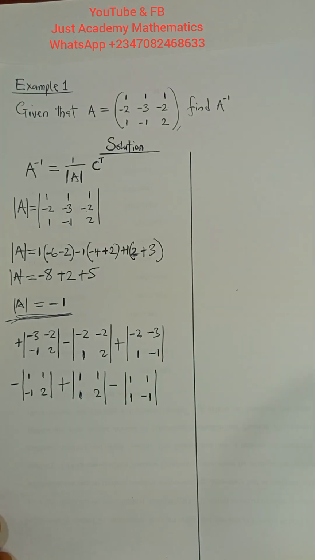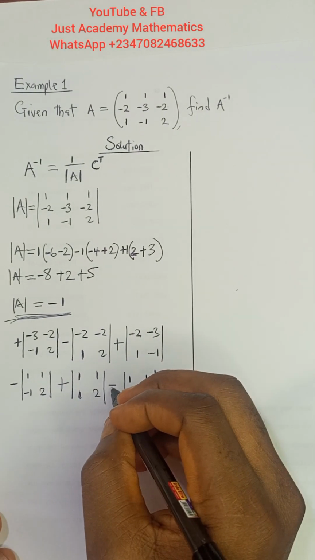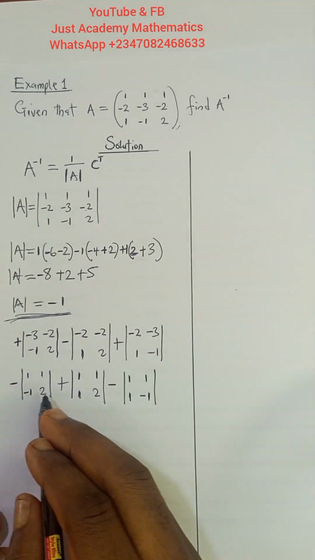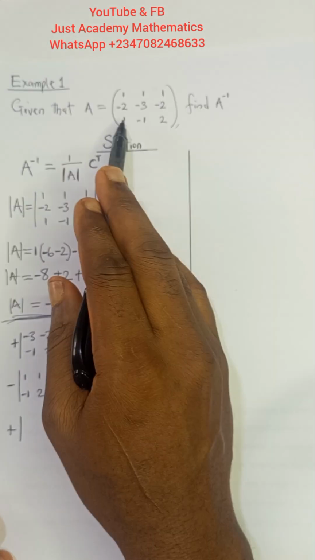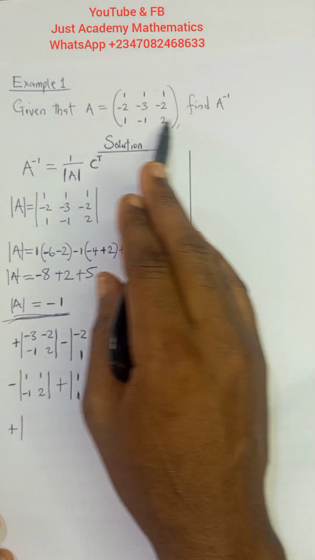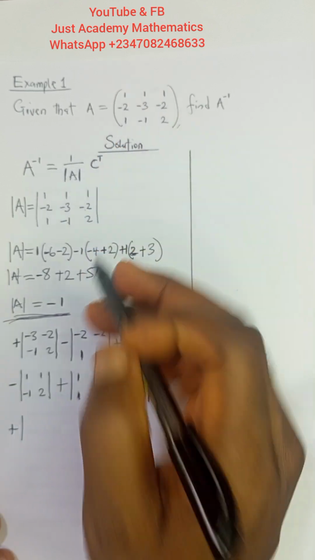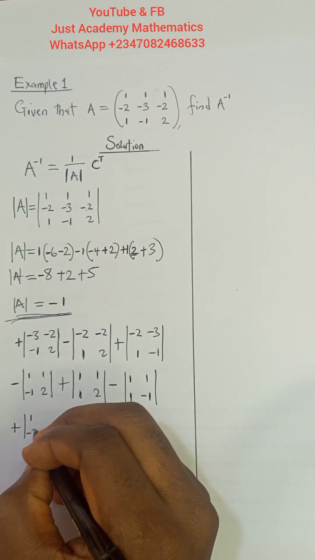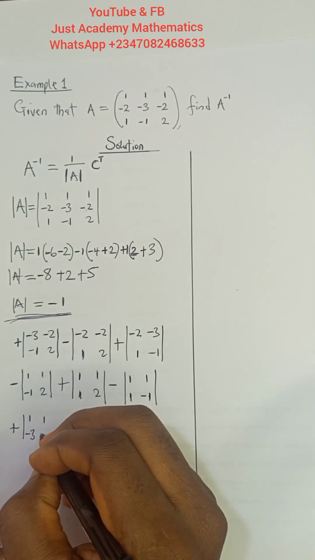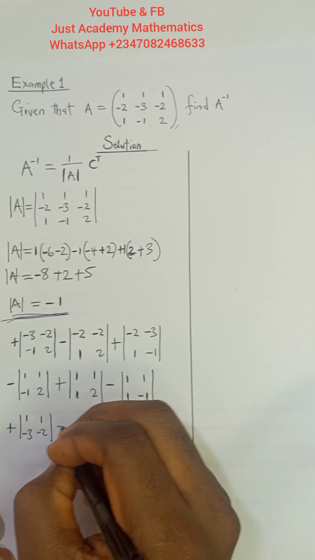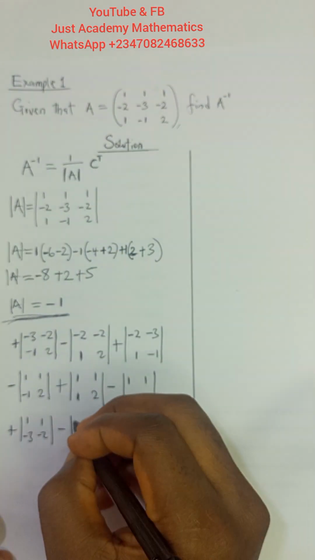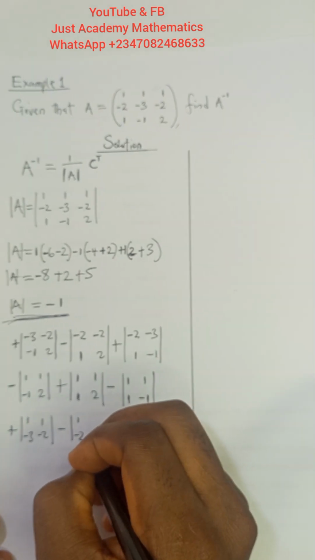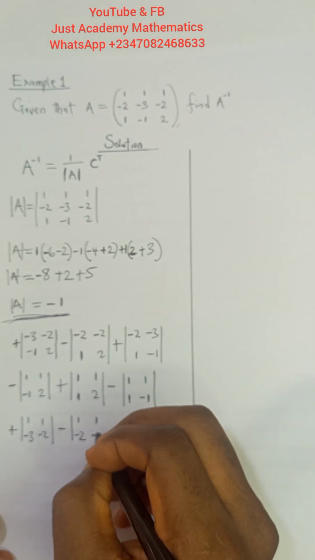Are you following now? So plus, minus, plus, minus, plus, minus. Then the next one is plus. So here, out, we are left with this and this. That is 1 -3, and then 1 -2. Then we'll go with minus. Here, out, we're left with 1 -2, and then 1 -2.